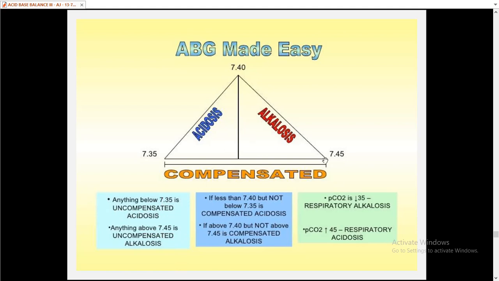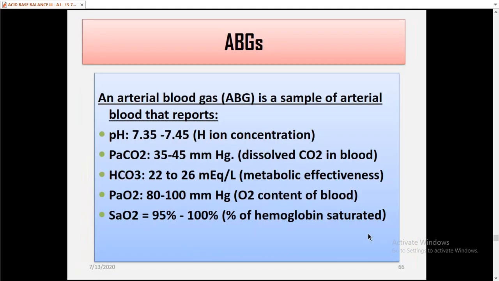Anything above 7.45 is uncompensated alkalosis. If less than 7.4 but not below 7.35, then compensated acidosis occurs. If it is above 7.4 but not above 7.45, then compensated alkalosis sets in. If the PCO2 is less than 35, respiratory alkalosis. If PCO2 rises above 45 millimeters of mercury, then respiratory acidosis sets in.